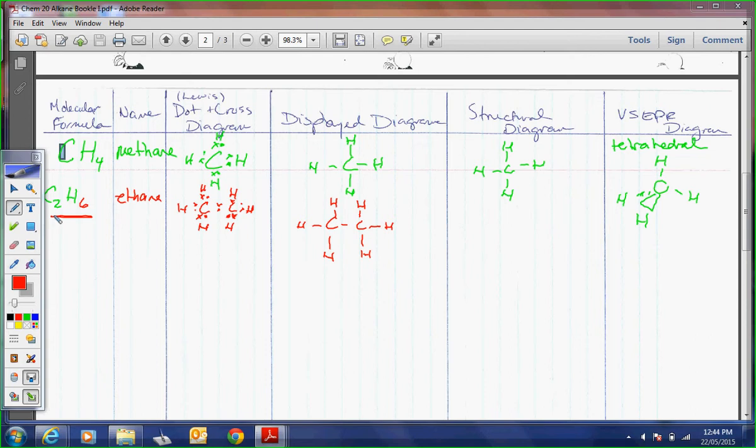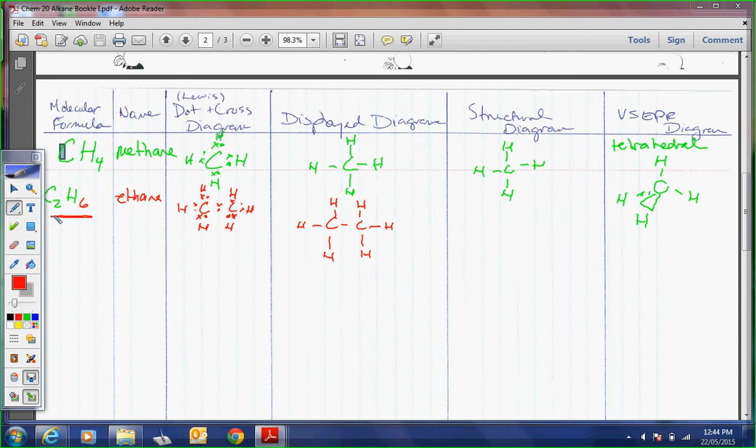And if you had something like C100H202, you wouldn't really know if they were all in a long chain, if there were branches, if it looked like a T, if it looked like an X, or if it looked like a big straight line. You wouldn't know how to put those 100 carbons. Does that make sense? A structural diagram shows you a little bit about whether it's a T, an X, or a line. Okay, and they're a little bit faster to write than a displayed diagram.